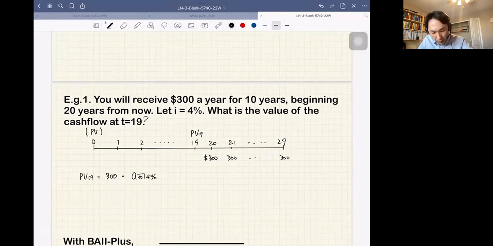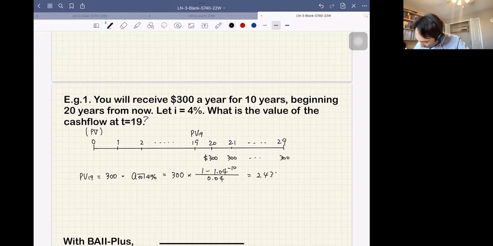So 300 times a angle 10 at 4%, which is 1 minus 1 plus i to the power negative 10, so 1.04 to the power negative 10, over i, so 0.04. You just put numbers in the calculator, then you get 2,433.27.